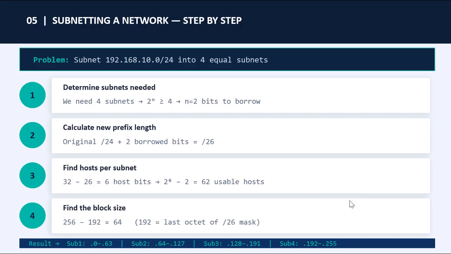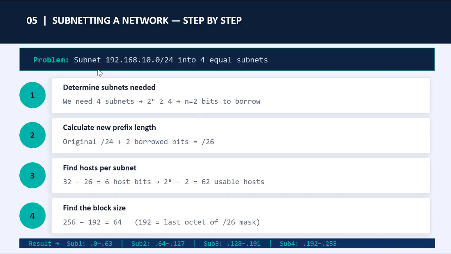Okay, now we need to find the block size. So for a /26, the subnet mask is 255.255.255.192. So the block size is 256 minus 192, that is 64. So we have 64 addresses in each subnet, and in total we have 4 subnets.